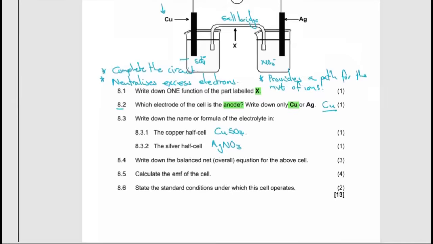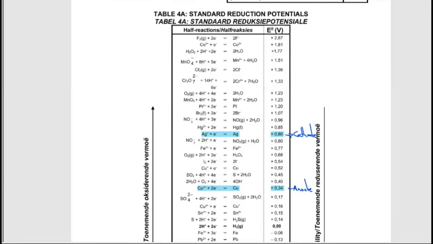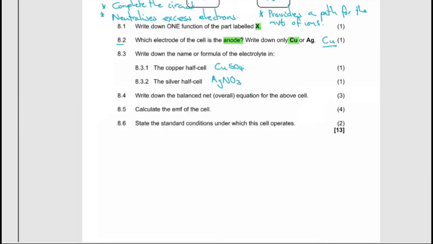Then to proceed to 8.4, it says write down the balanced net cell equation for the above cell. To write this down, I'm supposed to start with those equations. I'm going to start with the one for copper: Cu2+ plus 2 electrons gives a reversible reaction of Cu.